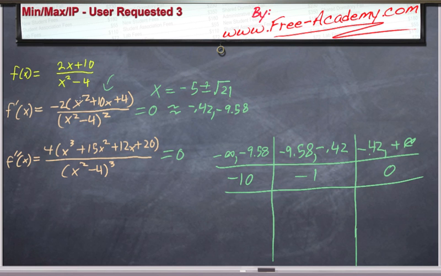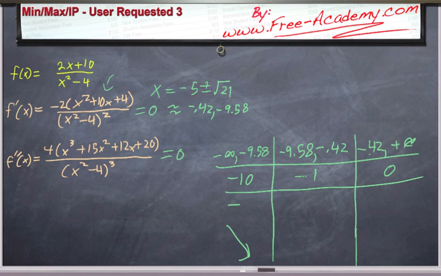Now if you put negative 10 in, you're going to get 100 minus 100, which crosses out and will be 0. And then you're going to get minus 8 divided by whatever this is on the bottom here, which is positive. So this must be minus. So we're decreasing on this interval.